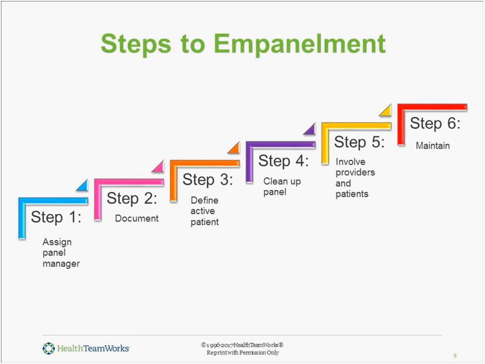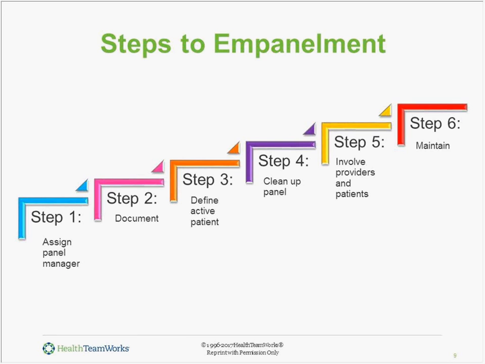Something else that's really crucial, and again, we'll go into more detail in a few minutes, is defining what is an active patient to your practice. That's determined by your system. If you're owned by a system, you have policies where you have defined it, and it's worth confirming or defining how you as a practice will define active patients. And again, we'll go into that in more detail in a few minutes.